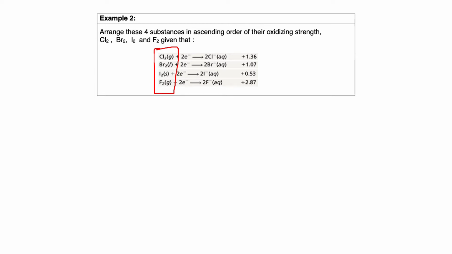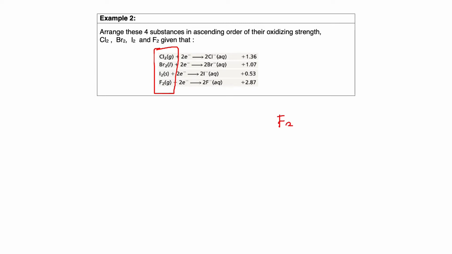Now to be an oxidizing agent, we are going to look at the value and it should be more positive. Okay, sorry, we shouldn't write like this. This is not the list, but we have to arrange, right? So if we want to rank them, the most positive is F2.